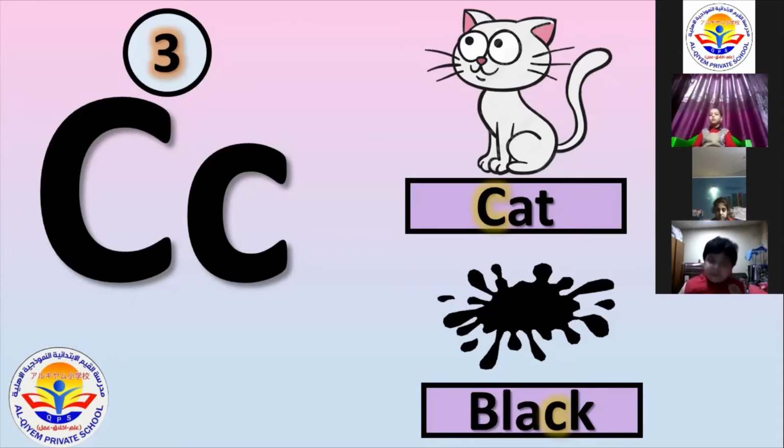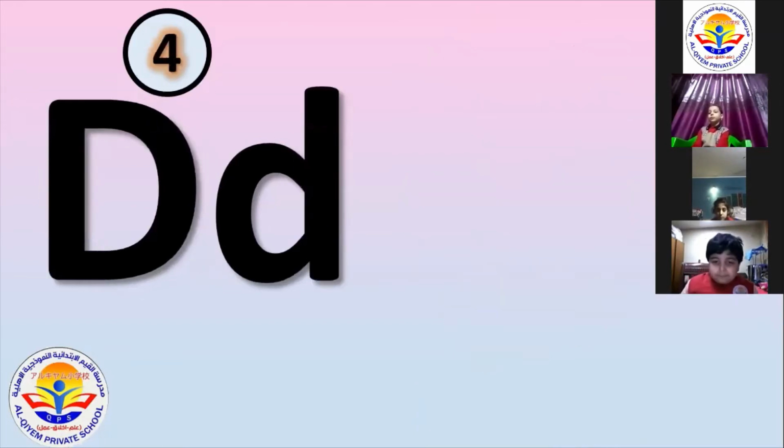It is pronounced s if it is followed by one of the three letters I, E, Y. If it is followed by any of the other remaining letters, it should be pronounced k. For example, cat.